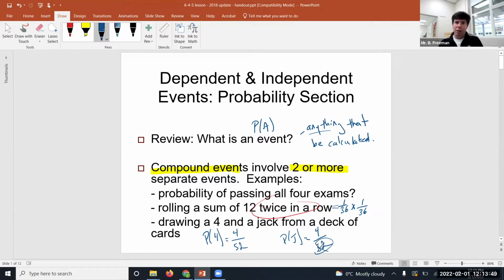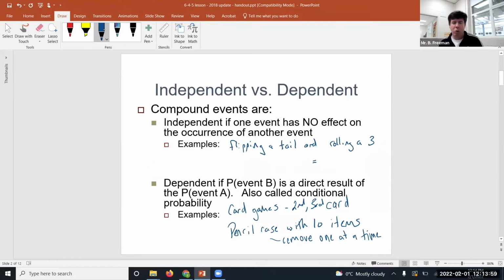But what if I put that card back into the deck and reshuffle it and draw again? Then I do have it. So those are the kind of situations that we're going to look at in the next parts here, as to when an event is independent or when the second probability is dependent on the first probability.